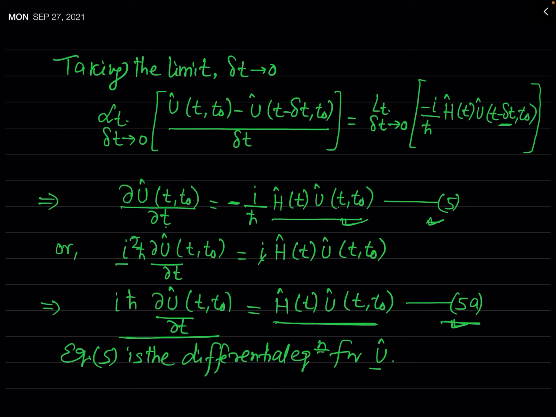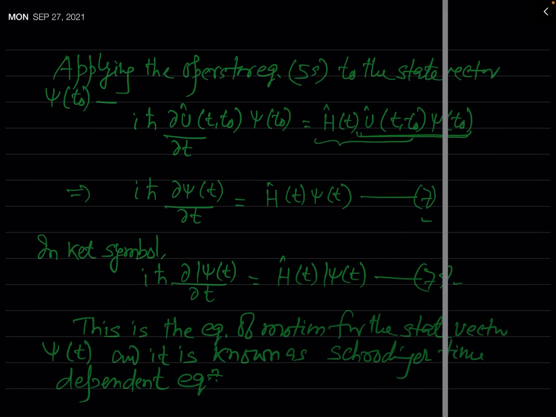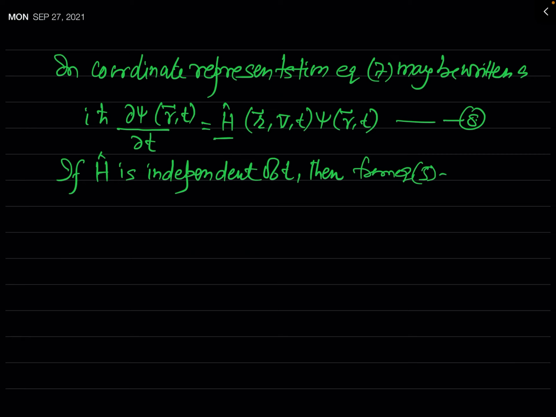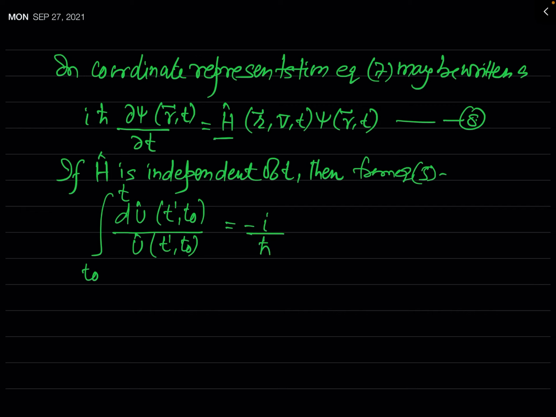This is your equation 5, and from this equation 5 we can write this equation in this particular manner. You can see this equation 5 now can be written as dU hat(t', t0) by U hat(t', t0), integrated from t0 to t, equal to minus i over h bar.